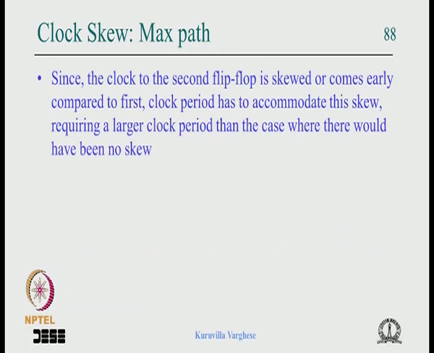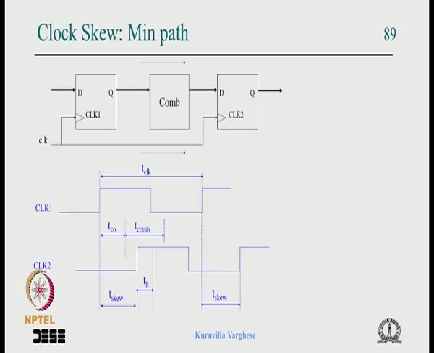In the opposite problem, the min path problem, the destination is receiving a clock which is a delayed version of the source register clock, as far as the skew is concerned.